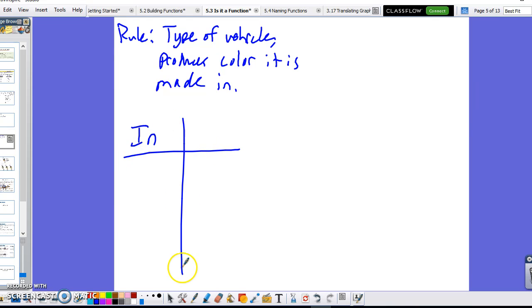But think about this. If I'm using a function in a non-math setting, so let's say I am looking up a car online or trying to find cars for sale, and I say, hey, I'm going to type a vehicle in, and I want it to return just the color that it's made in. Okay, well, is that going to fit the definition of a function?